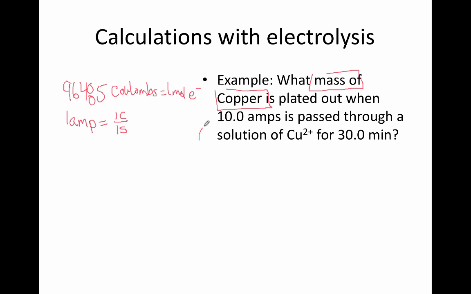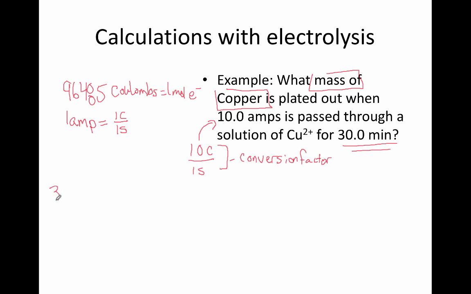So really, this 10 amps means that that's 10 coulombs per 1 second. And because we have a ratio here, this is now a conversion factor. And you don't start problems generally with conversion factors, so we're going to start with the 30 minutes as our given because that's not a conversion factor.